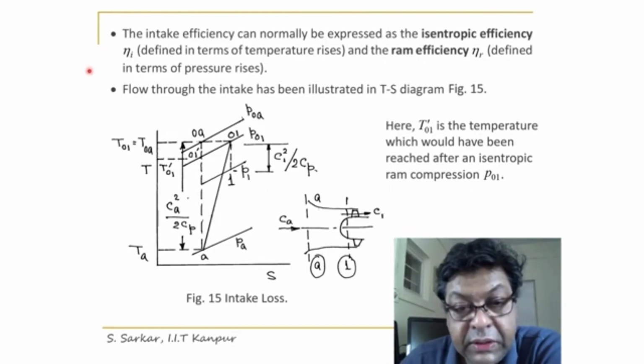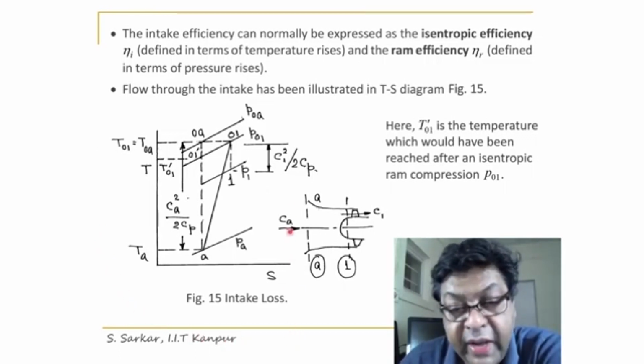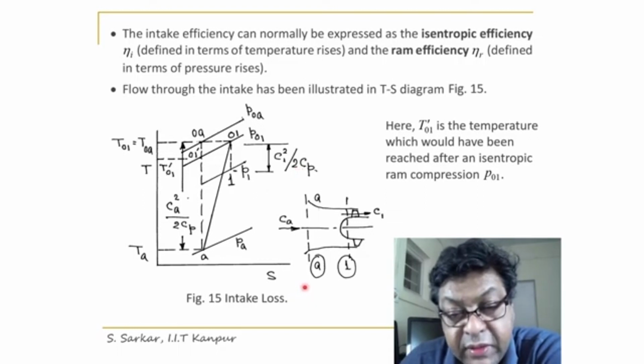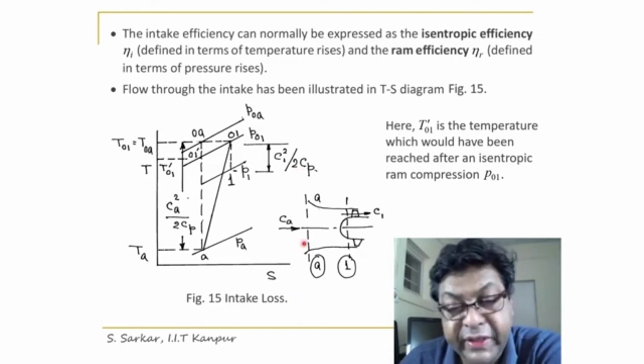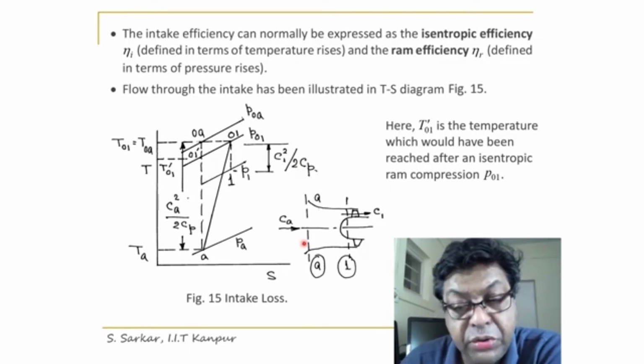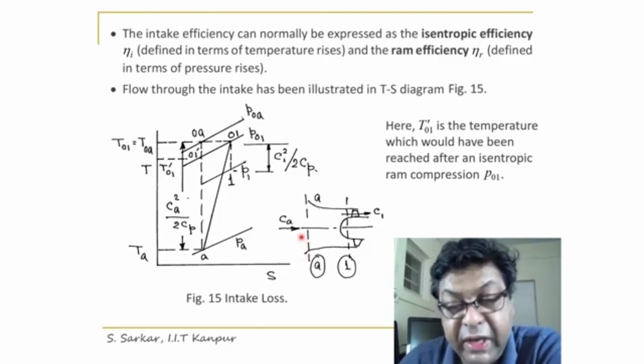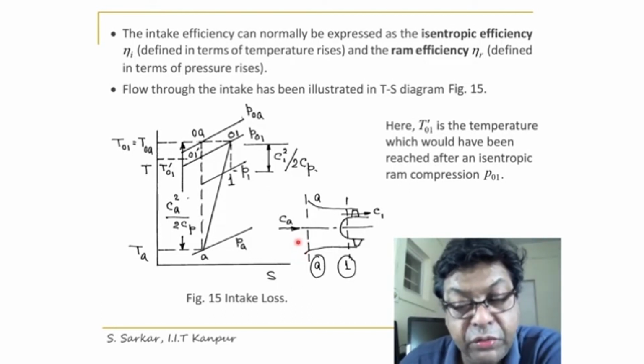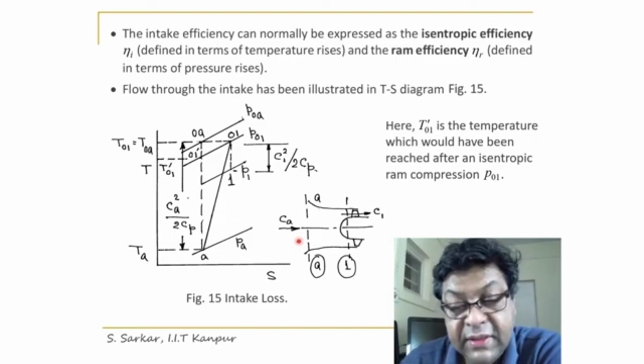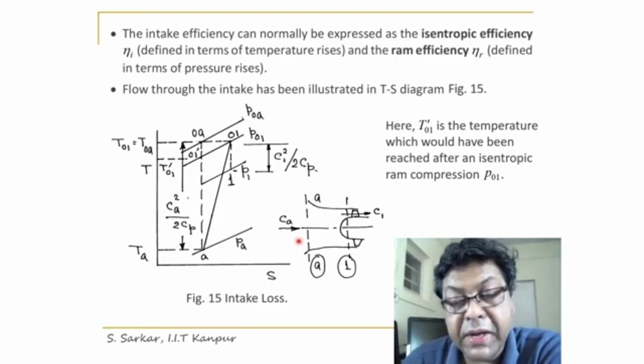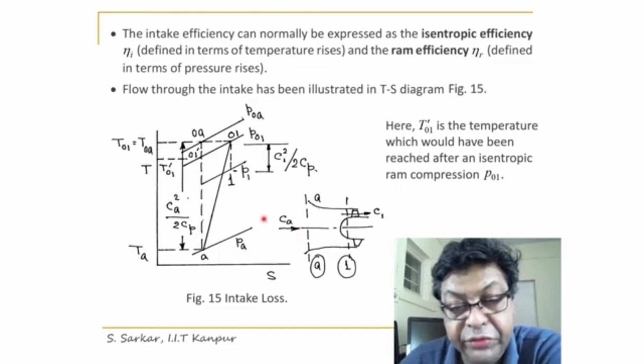Now, as I have told, at the section AA, which represents the entry to the intake, the temperature and the pressure will be TA and PA, along with the velocity CA.